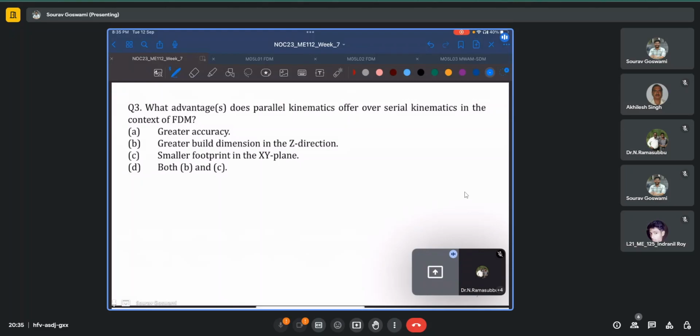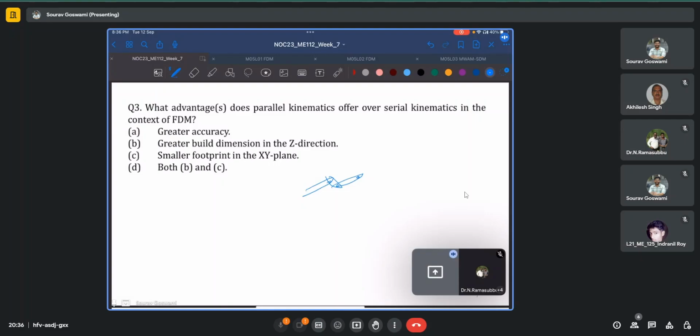The third question asks us, what advantages does parallel kinematics offer over serial kinematics in the context of FDM? So, serial kinematics is where each link is connected to the next via certain joints, and then the actuation of these joints and links actually creates motion.